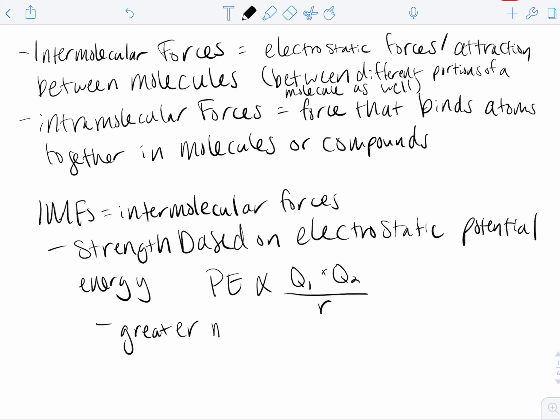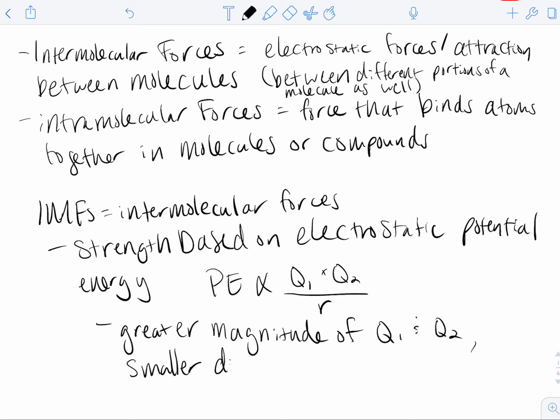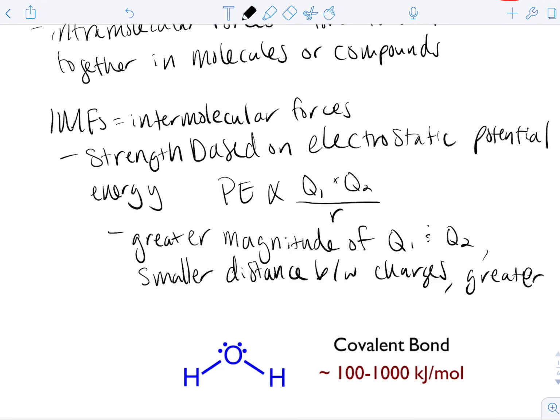So greater magnitude of Q1 and Q2, smaller distance between the charges, greater electrostatic potential energy, and therefore greater intermolecular forces.